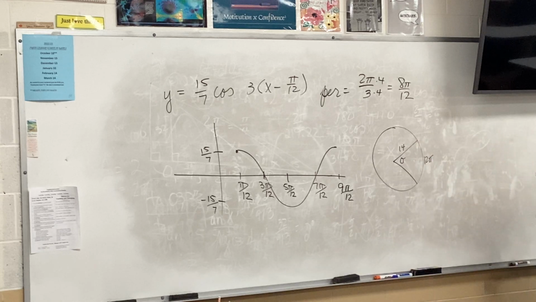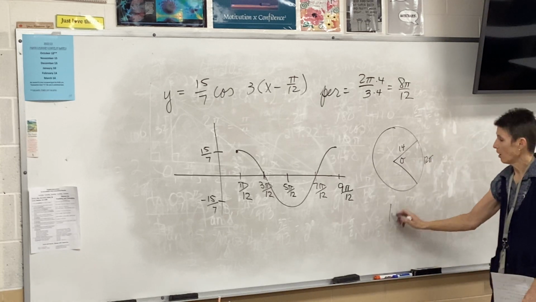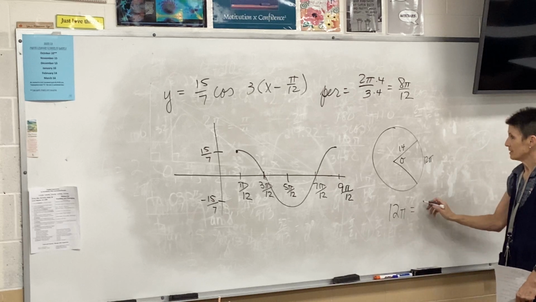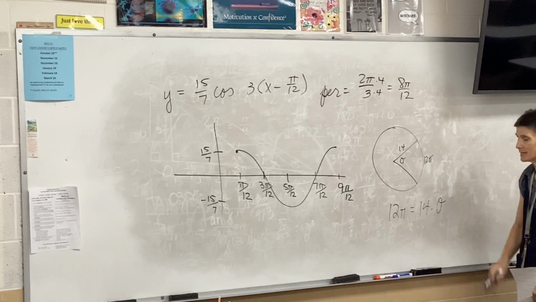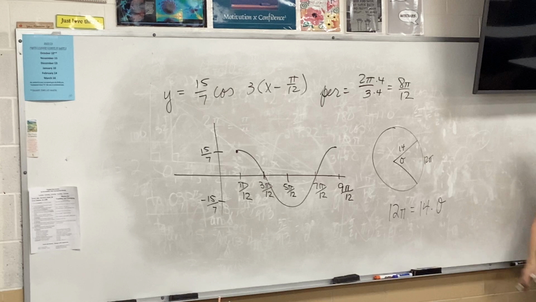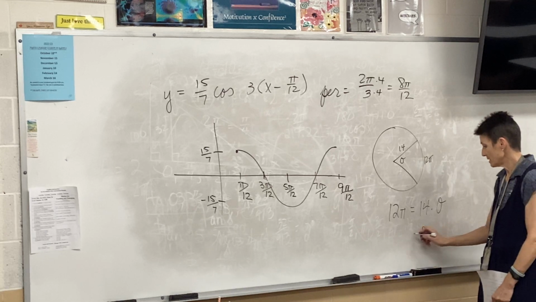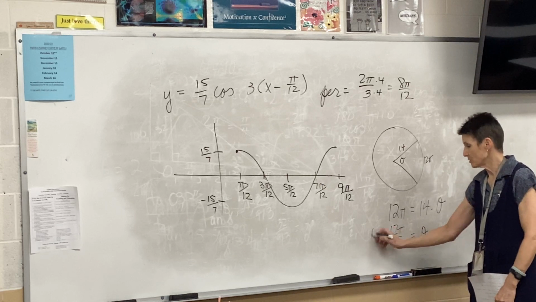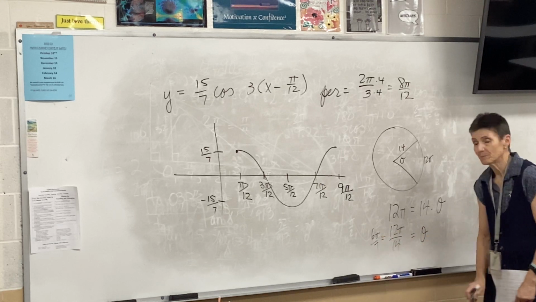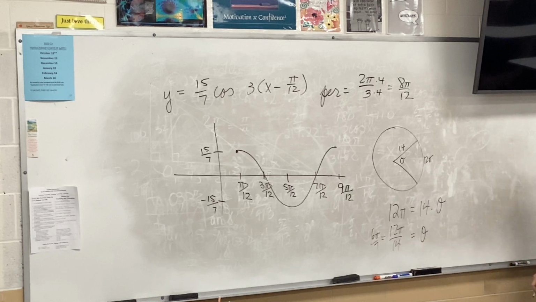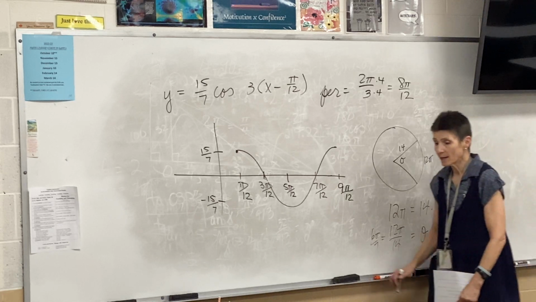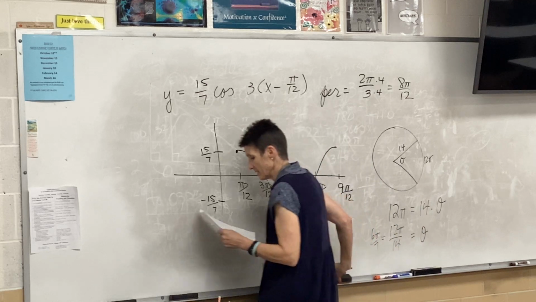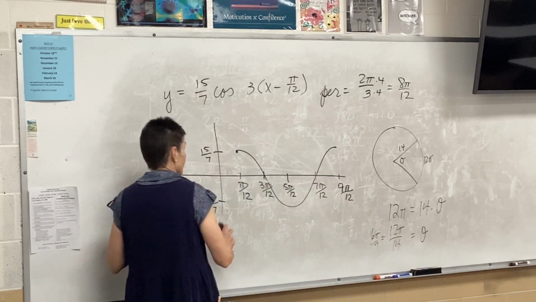And my job is to find theta. Arc length equals radius times radians. Plain and simple. That's it. Divide by 14. Theta is 12 pi over 14, which reduces to 6 pi over 7. Arc length equals radius times radians. That's it.